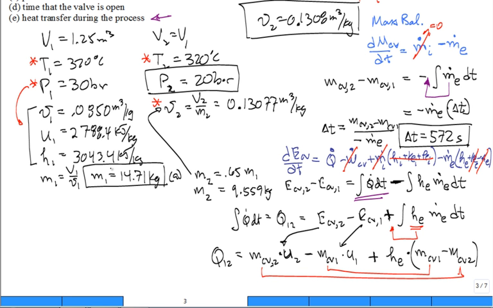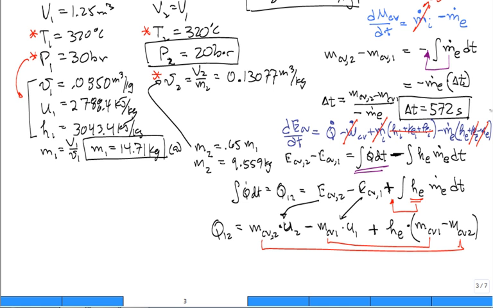Okay, I have to scroll down a little bit more. Hate to do that. But you go back to the table and get U2, just like we got U1. U2 is 2807.9 kilojoules per kilogram, true?